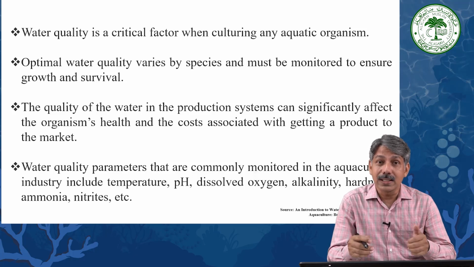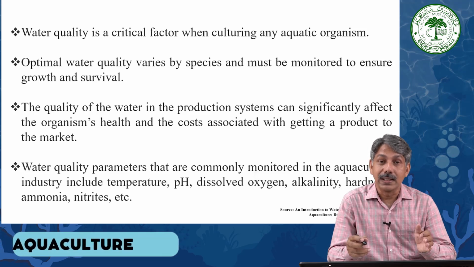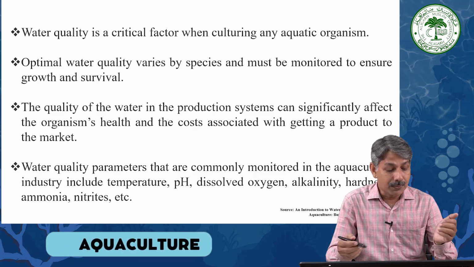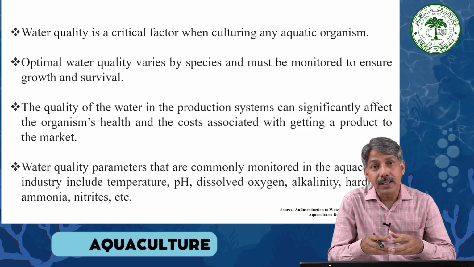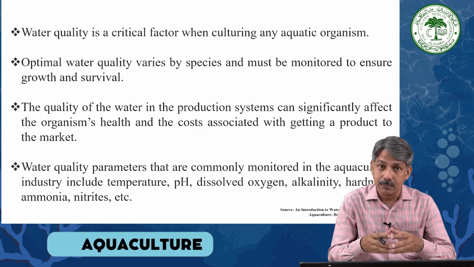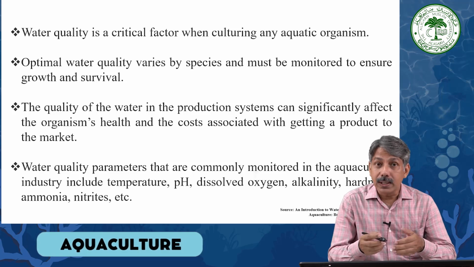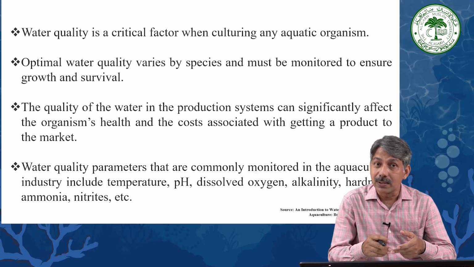So, the quality of water, the type of water in which they are habitual of living there to complete their life cycle, becomes of utmost importance. And in fact, if you remember, we discussed broadly three types of water systems: freshwater system, brackish water system, and then marine water system.